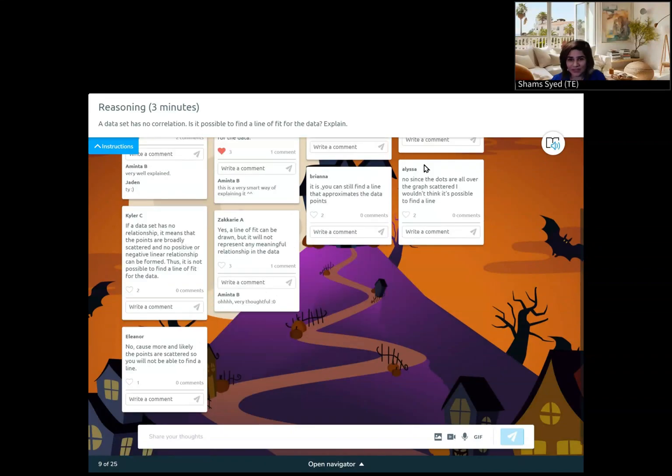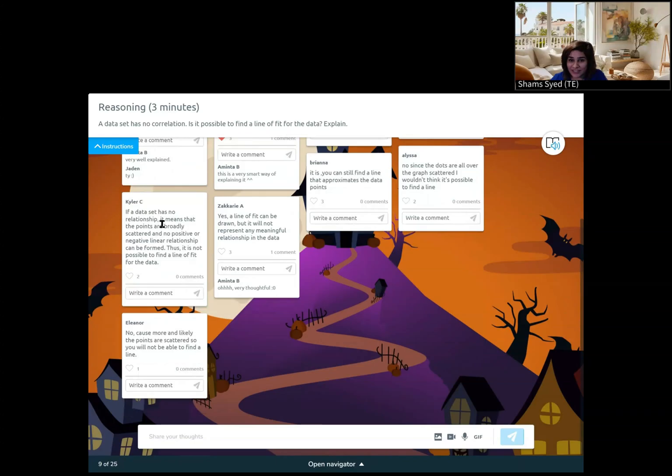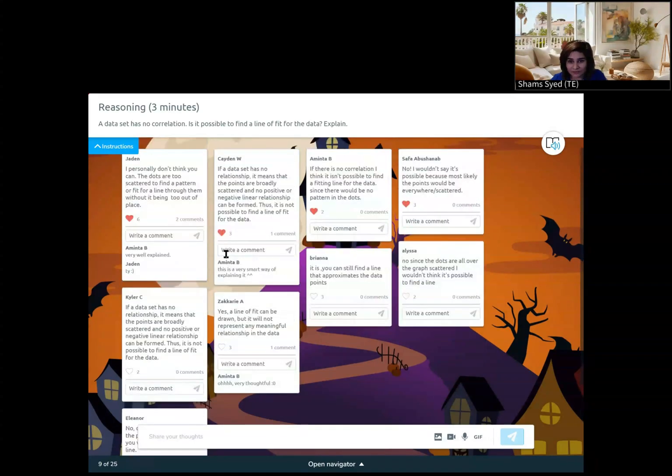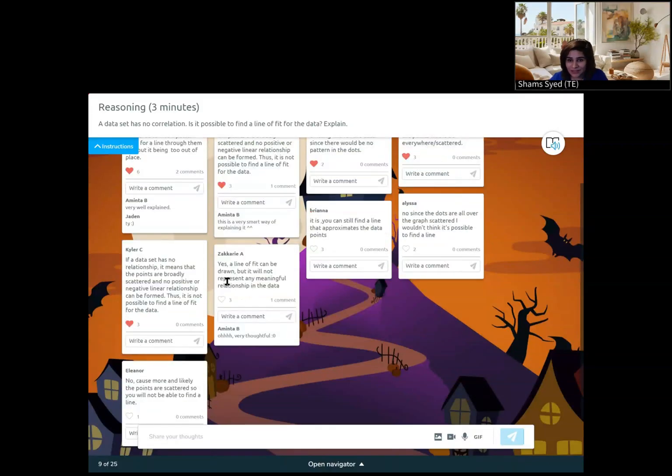Very good, Safa. Kyler, if a data set has no relationship, very much like Caden's post and Kyler's post, exactly alike. Zachary, yes, a line of fit can be drawn. Look at Zachary. A line of fit can be drawn, but it will not represent any meaningful relationship in the data. Amy says, oh, that is so thoughtful.